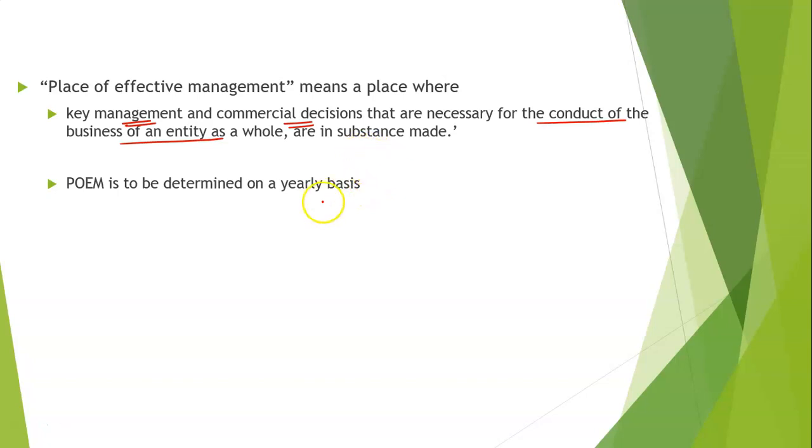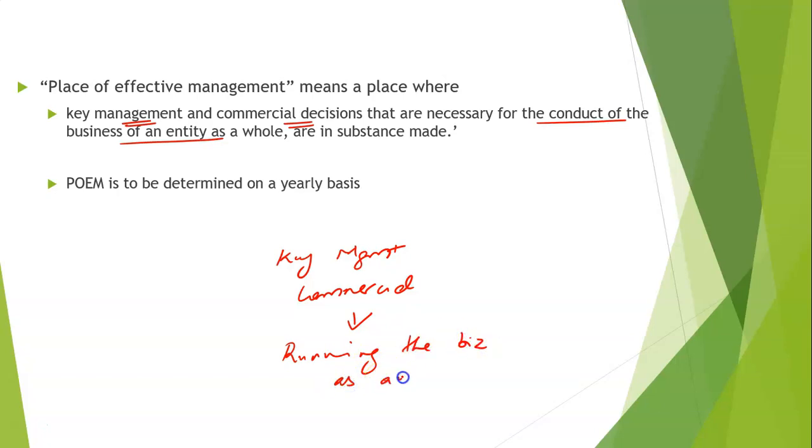Alright, so the place where key management decisions, key commercial decisions, which are necessary for running the business as a whole, not mere day-to-day decisions, but the large-scale, long-term decisions are made. So that's the place of effective management.